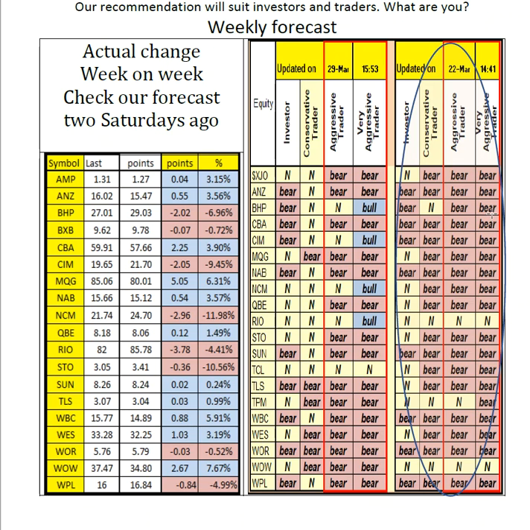For BHP, we were bearish, bearish, and bearish, and BHP dropped 7% that week. So you would have made money there. You would have made money on Brambles. You would have lost money on CBA because we were bearish on the weekly. We have to look and see what happened on the daily before we can actually go into a bearish position on Monday this week.